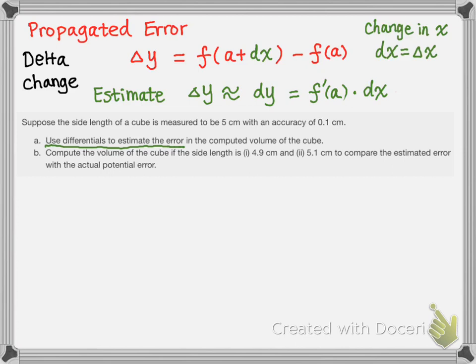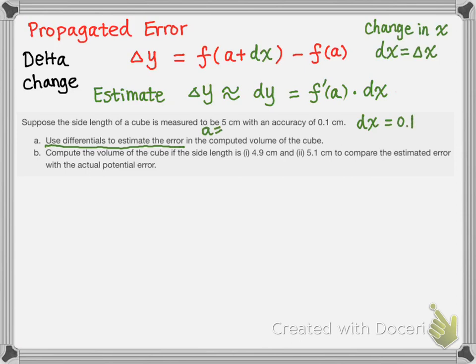Suppose the side length of a cube is measured to be 5 cm. What it's telling us is the point of reference A equals 5 right here, and an accuracy of 0.1 cm. What it's really telling us is the change in x, because it's an accuracy, is 0.1.